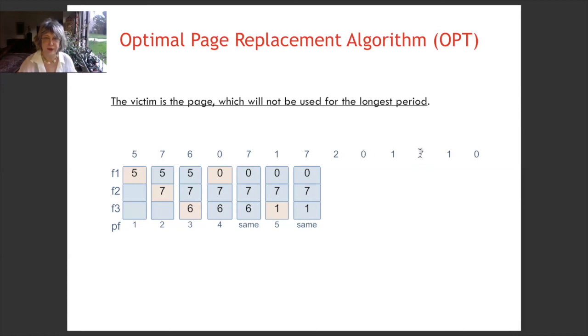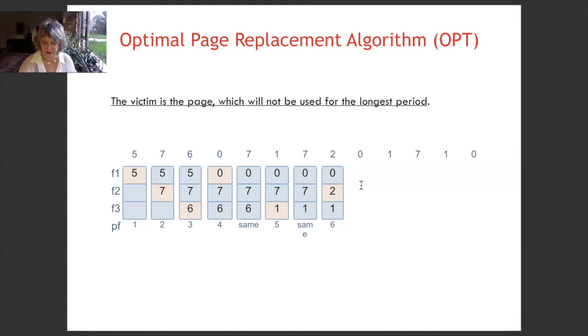So the page which will not be used for the longest period is 7. So 7 is chosen as the victim, and 2 is going to be loaded into that location. This is another page fault because this one is swapped out and the new page is swapped into the memory. It was not in the memory.